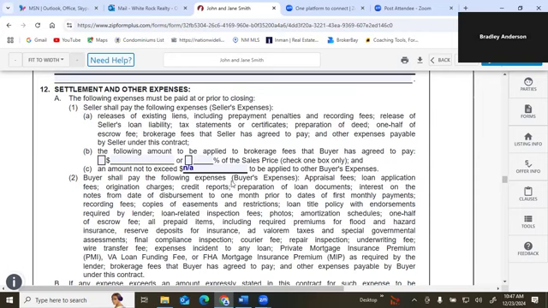So let's read this because it breaks out the seller's obligations to pay certain things and the buyer's obligation to pay certain things. And in that, it mentions brokerage fees. So seller shall pay, meaning obligated, to pay the following fees.